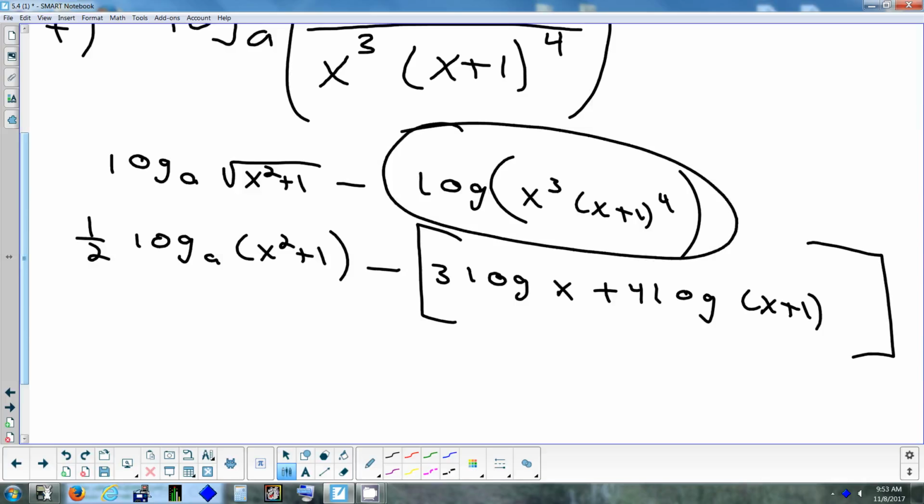So really that minus, if you wanted to do it out, is distributed to each of them. I'm not going to do it out. I'm just going to leave it like that. And that's pretty much as far as you could go. Unless you wanted to distribute the negative, that would be the very last thing that you could do.